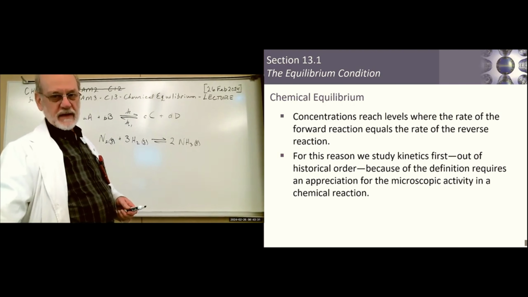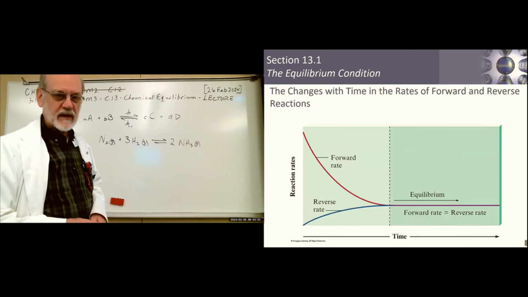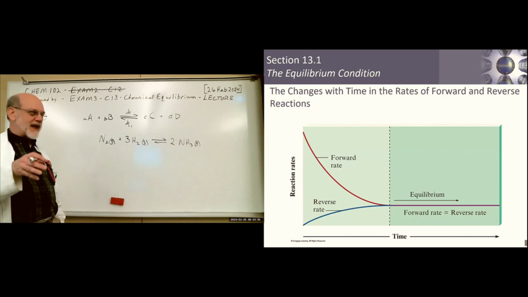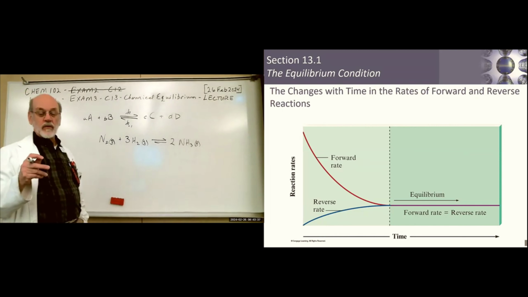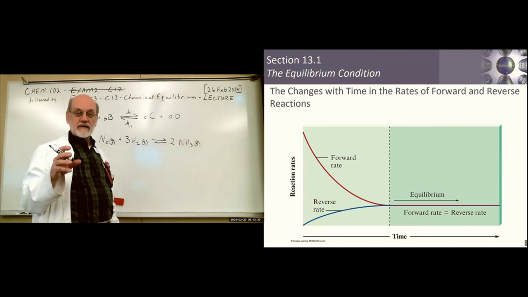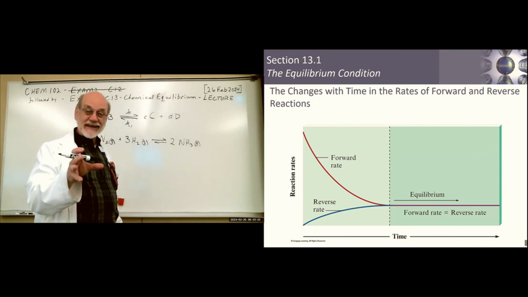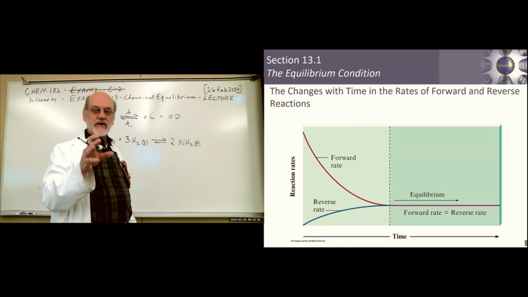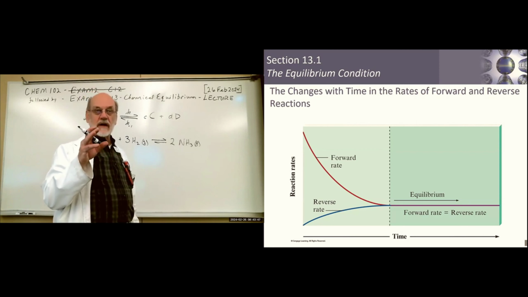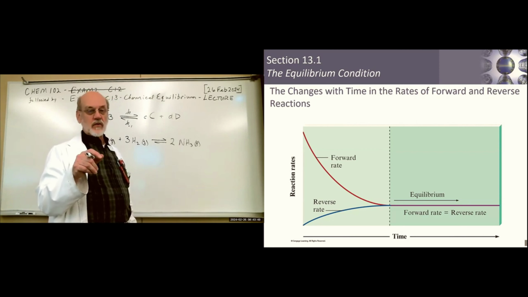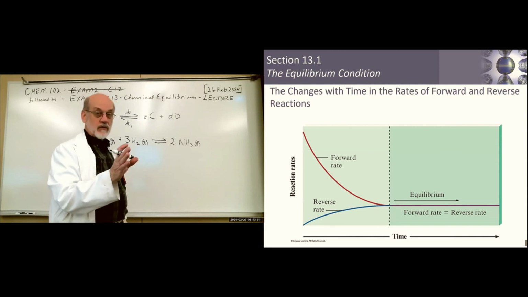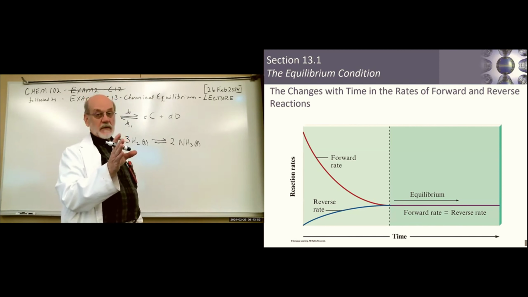All right. So if we look at it in terms of reaction rates, what we're going to see is the forward rate. And when we studied kinetics, we studied them at the very beginning, right? Initial rates. So we see at that 0 point, the reaction rate is at its highest.